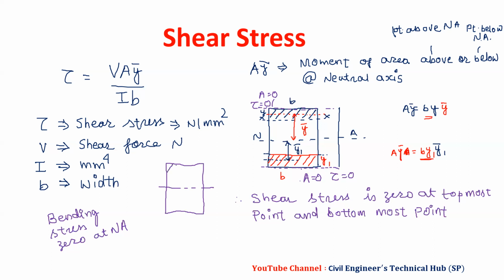We have the maximum area to be considered at the neutral axis, and therefore we get the maximum value there, because we have to consider the maximum area, whether above or below. At the neutral axis, you can consider the upper area or the bottom area. You will get the same answer. But tau max is at the neutral axis, where my bending stress is 0.